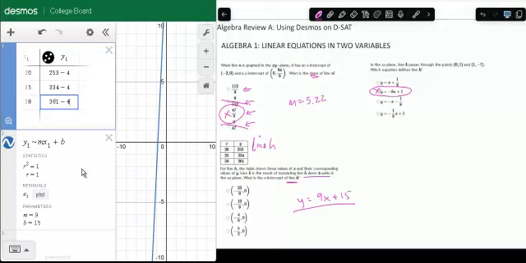Okay, and so what we now want to do is find which of these points is going to be on that line. Notice what we have right here: the y values are 0.